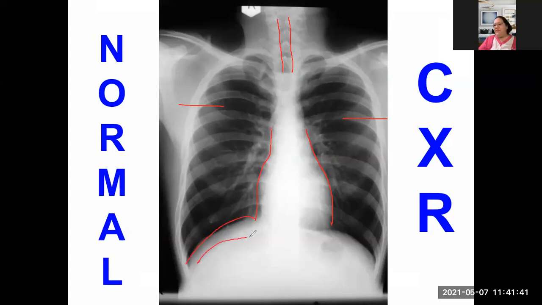This is your diaphragm, the dome of your diaphragm. Here, if you notice, this is your costophrenic angle, the angle between your lungs and your diaphragm. Anything that will blunt that, later on I will show you x-rays, will denote the presence of fluid. So you have to be familiar with what is normal so that you will know what is abnormal when you see it.